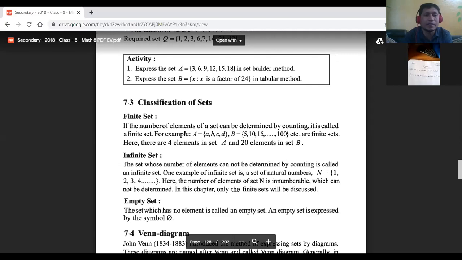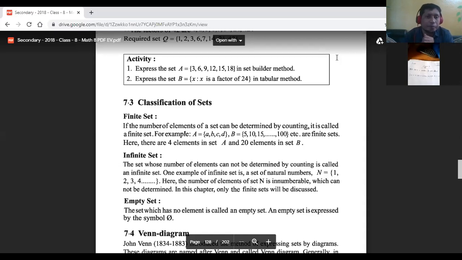If I say B is another set, the English letters, it is also finite because there are 26 letters in total. But if I say the set of natural numbers, is it finite? No. Why? Because natural numbers don't have any last value.